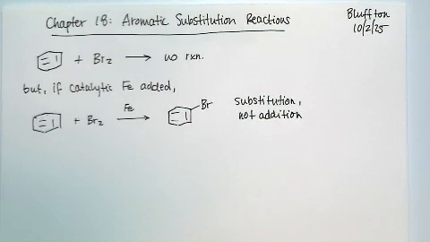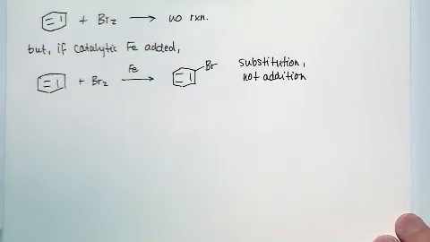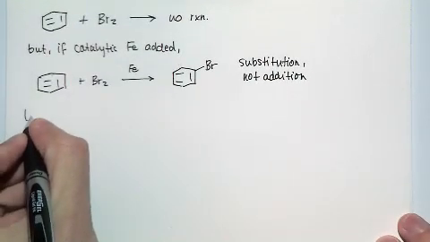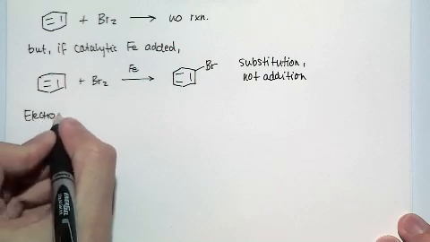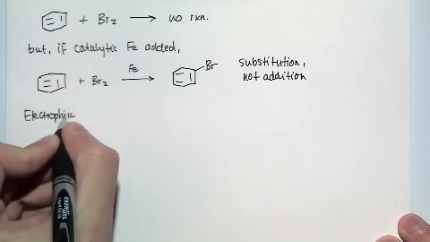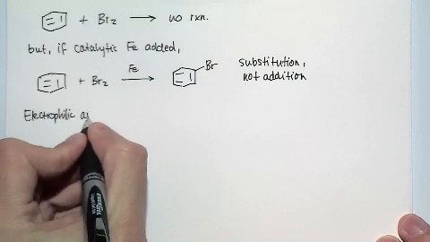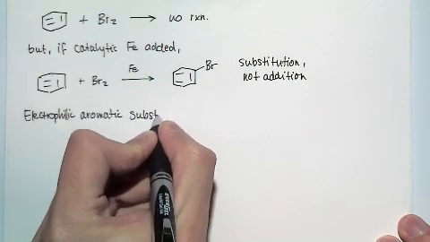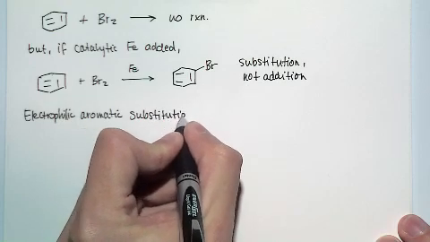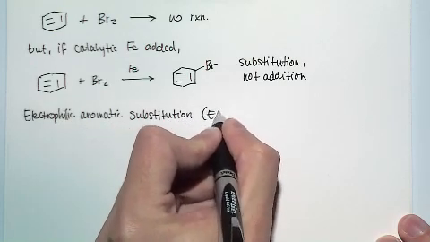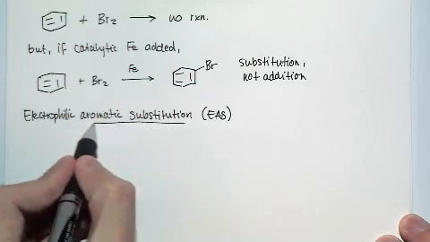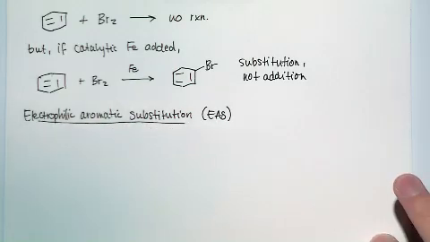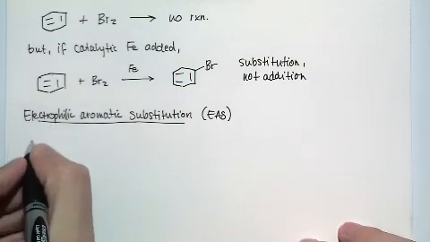So the general mechanism that this goes by is called electrophilic aromatic substitution, or just EAS. And it's got three main steps, which involve a couple of different arrow pushing operations, but we'll get there in a second.